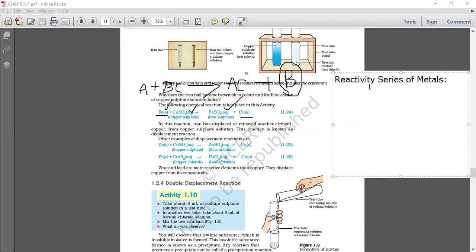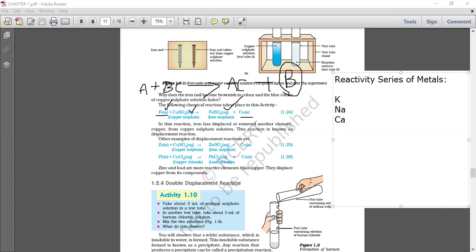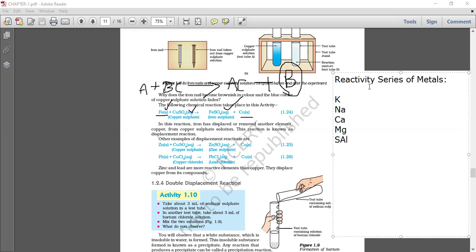I'll start with high reactivity metals down to low reactivity metals. First is potassium, next sodium, then calcium, then magnesium, and then aluminium. After aluminium, zinc. After zinc, iron. After iron, lead, plumbum, and then hydrogen.